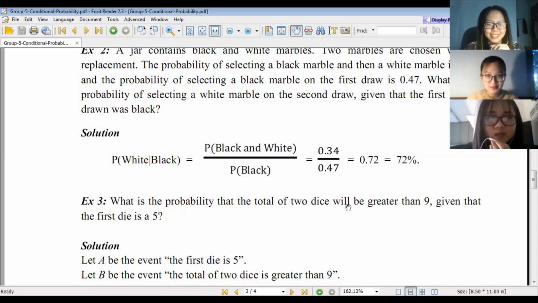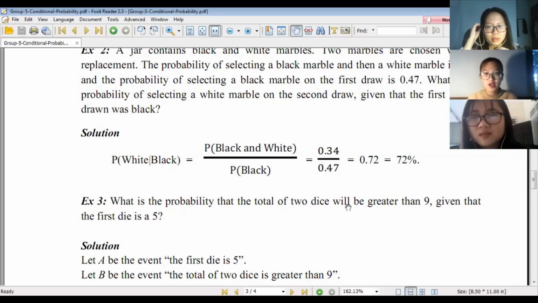Anyone can list for me all the possible outcomes for A and B? Madam, please. I think there are 2 outcomes. Because the total of 2 dice is greater than 9 and the first die is a 5, the second must be 5 or 6, so that the total will be greater than 9.